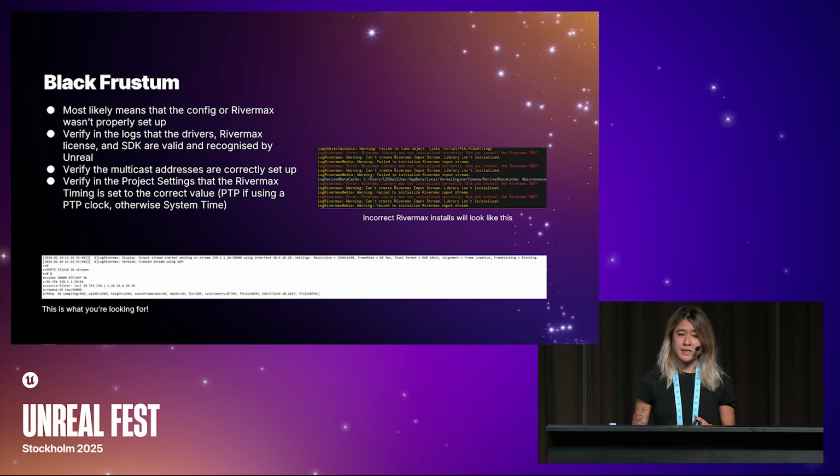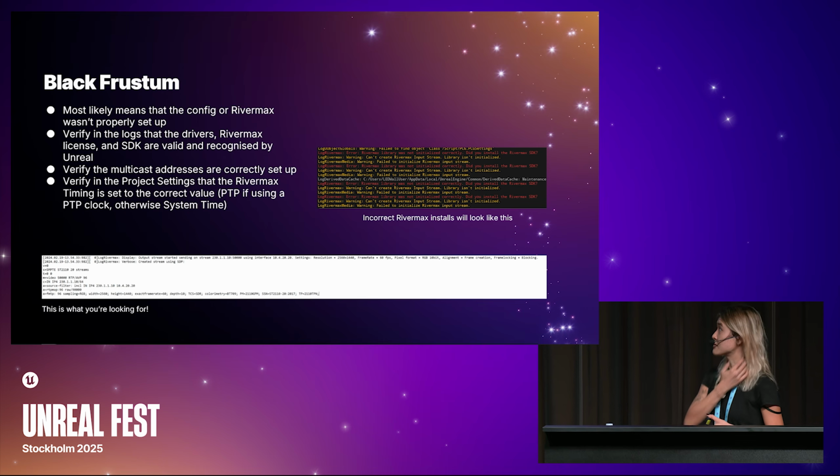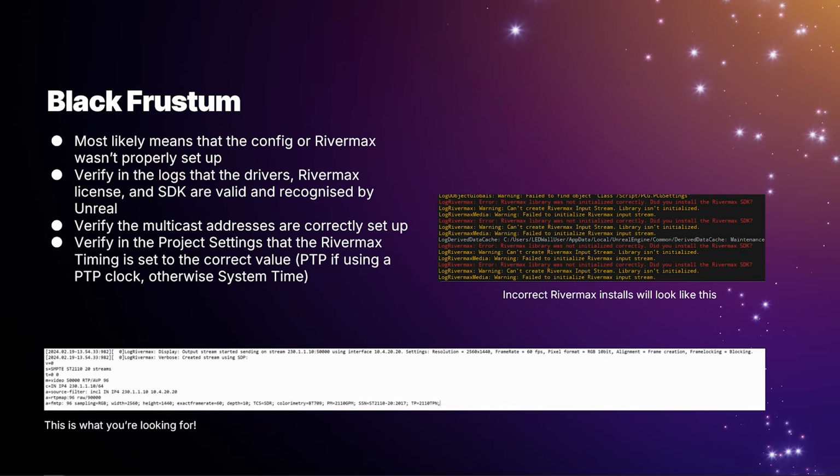Also check that your multicast addresses and so on are set up correctly. In 5.6, it actually does a lot of that config for you. It'll make a unique multicast address for each of the streams and connect which ones are inputs and outputs for you. But it's something to double check. Another one is that if it's not using the right timing source, it'll also come out black.